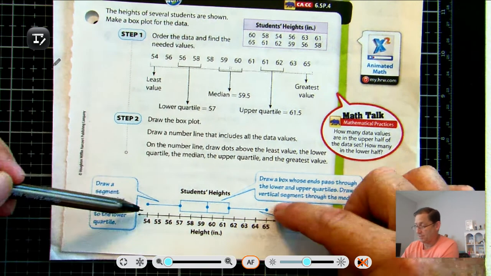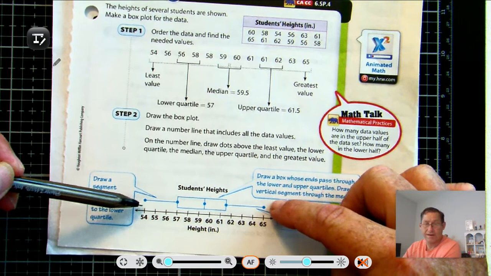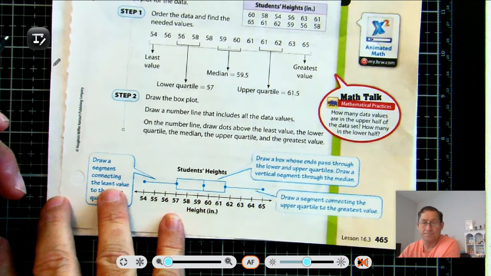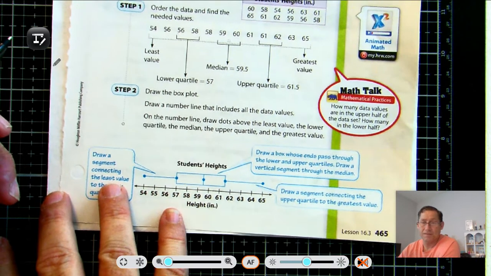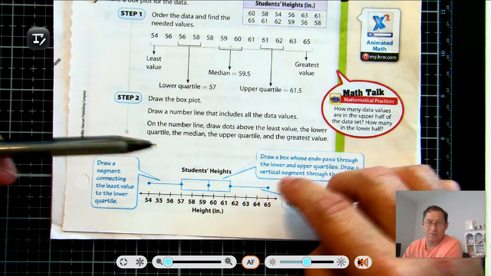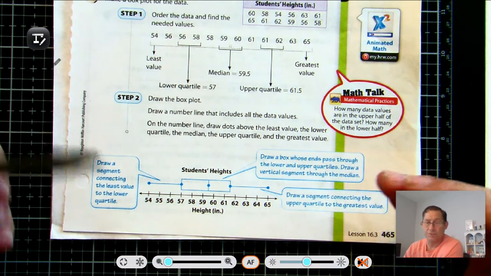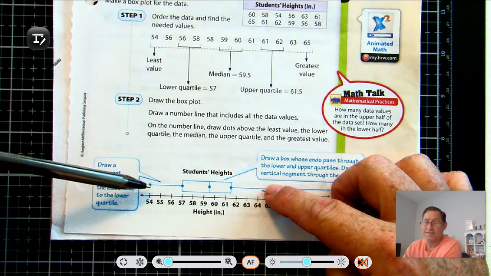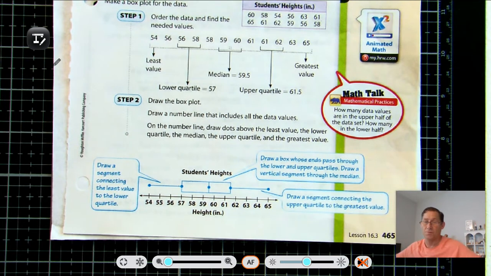Attach the two extreme values, the least and the greatest, with a line segment to the upper and lower quartiles. So that's basically what a box plot looks like. And if you hear the terms box and whiskers, the whiskers are basically these side parts, and they represent the extremes, the furthest parts away, the lowest and the highest value.